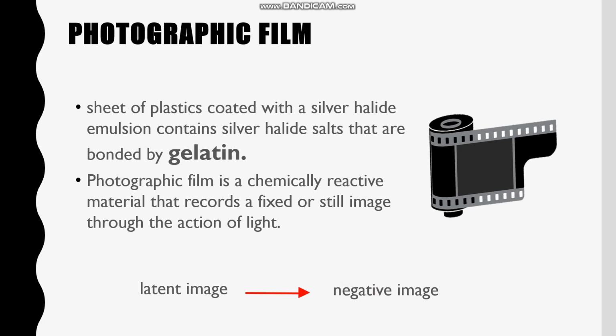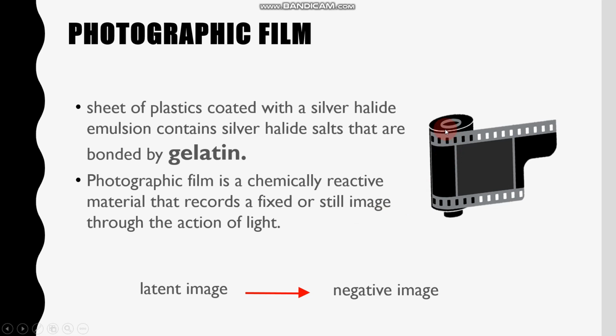So when the chemical change has taken place, diba, now the latent image became our negative image. Take note, negative image wherein yung negative na term, diba, at first film yung tawag natin sa kanya, the photographic film.